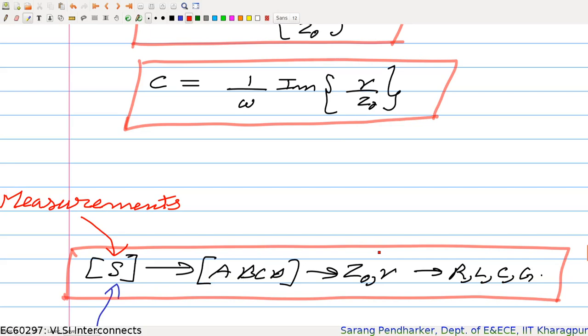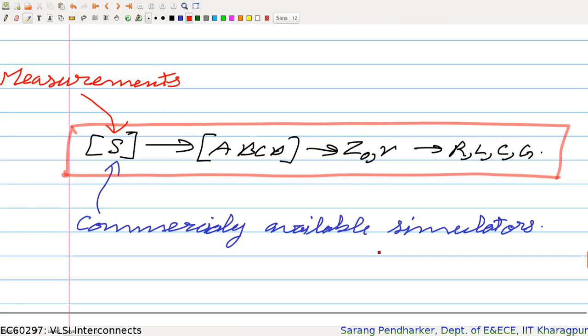It's a very complicated task. However, we have very good commercially available simulators. In them, I can make a structure, and if required I can also incorporate some type of deformities, and then simulate it. What these commercial softwares do is that I can define ports there, and I can get the S parameters.